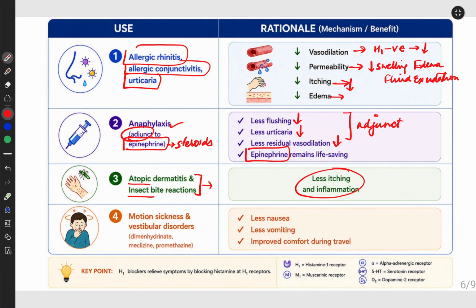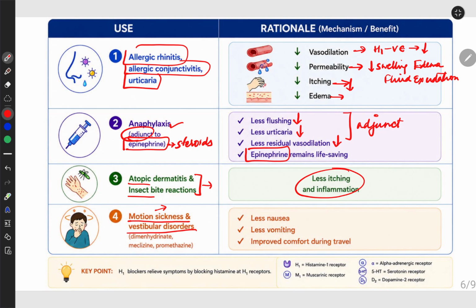The first generation drugs, which tend to have M1 blocker effect, can also block the cholinergic receptors in the CNS, specifically in the vomiting center, and can be used in the treatment of vestibular disorders. Vestibular disorders are disorders associated with the balance of the body and the vestibule in your inner ear, that lead to nausea. A lot of nausea develops in the patient. Same thing happens in motion sickness.